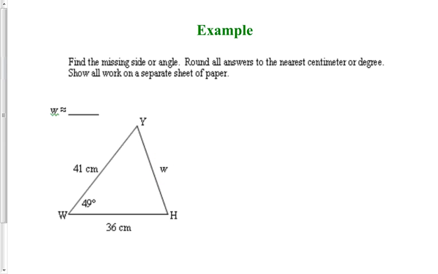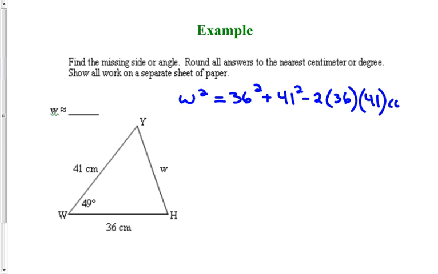Since we're finding side w, we're going to start the law of cosines with w squared, which means eventually the cosine of angle W will be on the end. But first we need the other two side lengths: 36 squared plus 41 squared minus, oh, I forgot the 2, minus 2 times 36 times 41 times the cosine of angle W, which is 49 degrees.